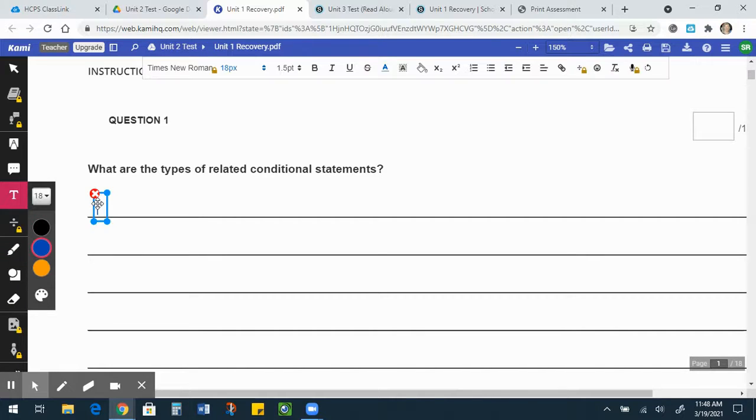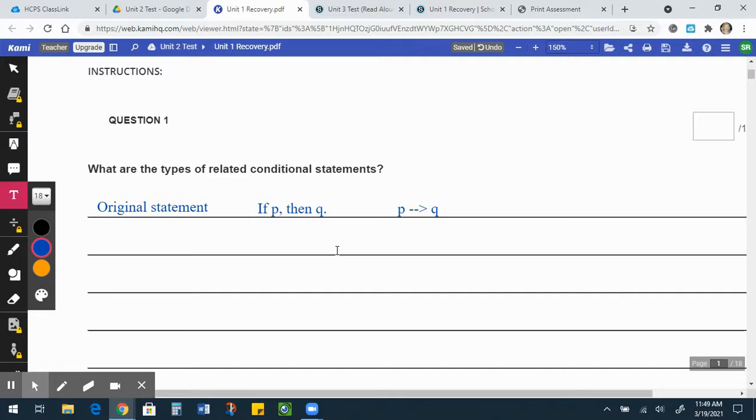We are usually given the original conditional statement, and it's going to be in the form if P, then Q, which could be written in logic symbols, which is coming soon: P, arrow, Q. Now, we're going to take this original statement and rearrange it to make different forms of it.